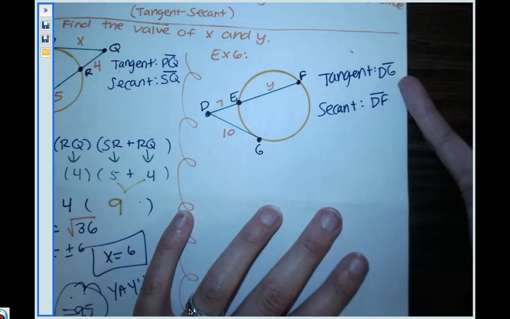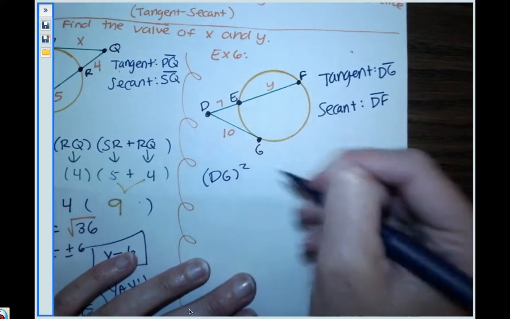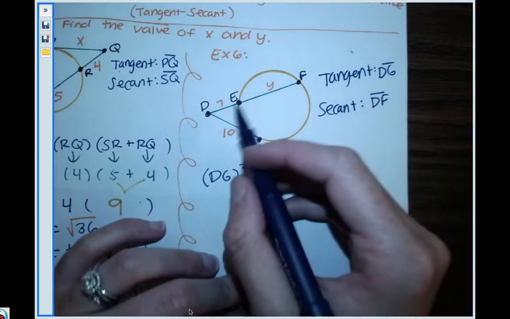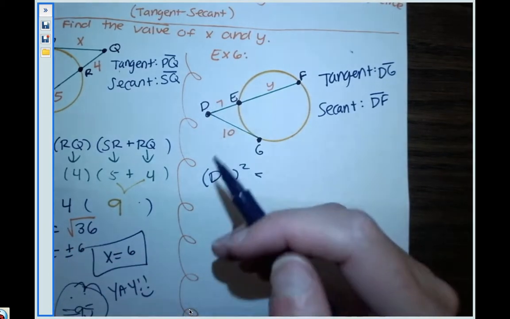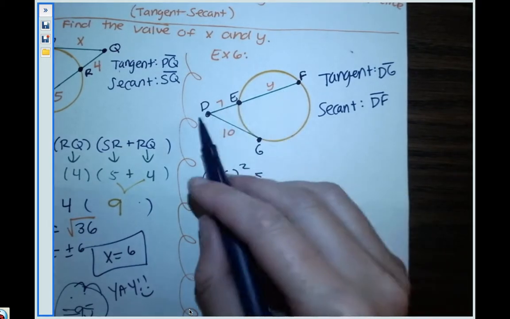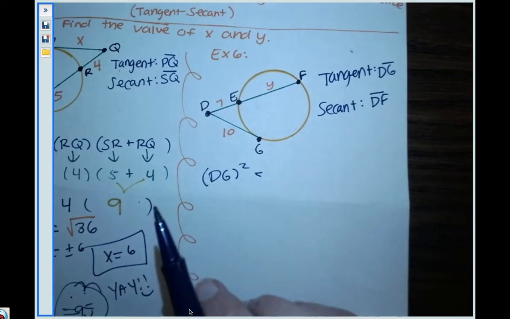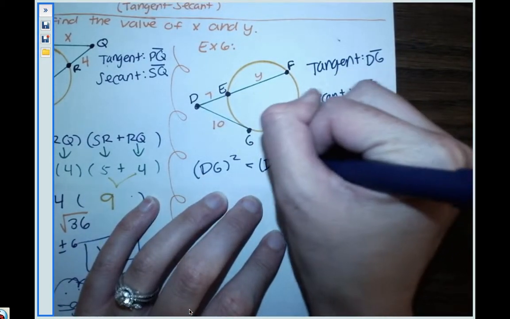So I'm going to start with my tangent piece, which is DG, and we're going to be squaring that. That will equal the segment of the secant that's located outside the circle. Which piece of the secant is outside the circle? Yes, it is DE.